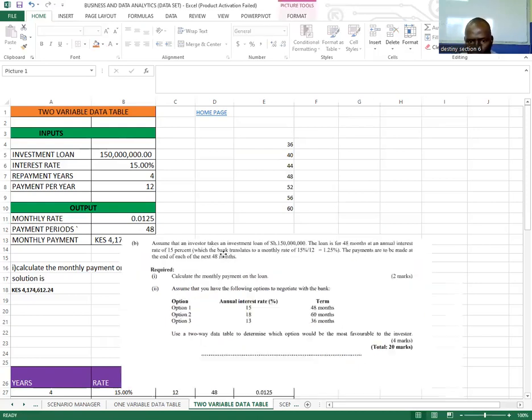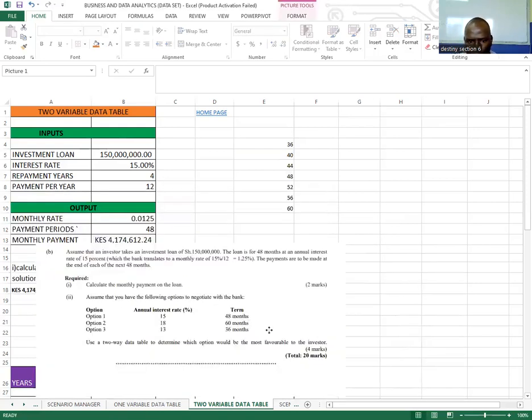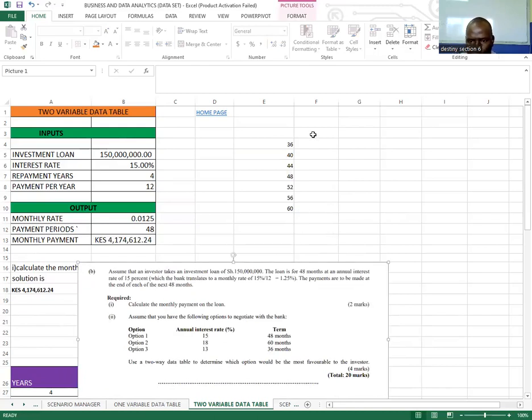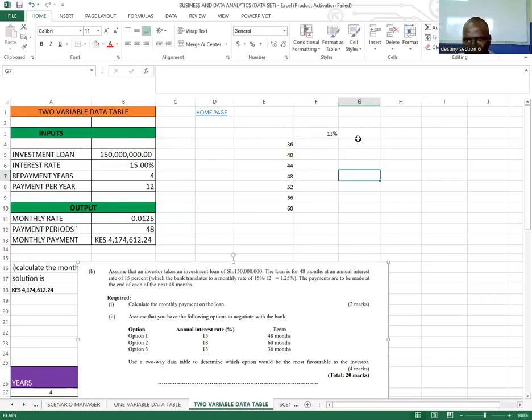And then now, for the rate, I can see the smallest is 13. So maybe we can say 13%, and then equal sign to say 13 plus 1%.